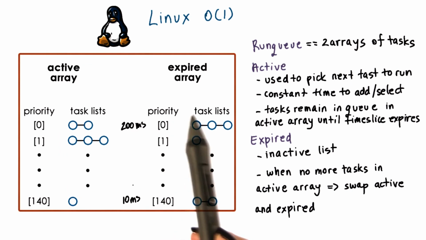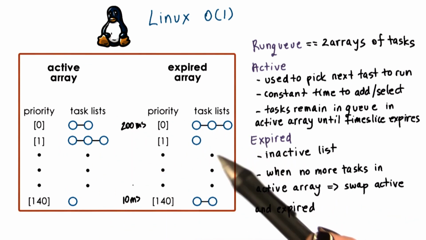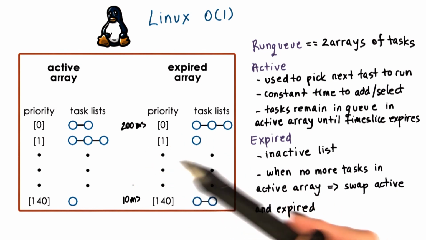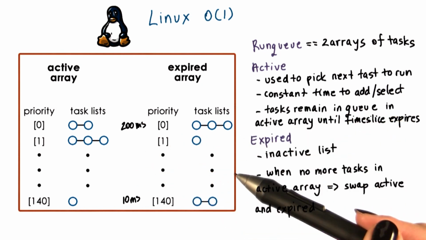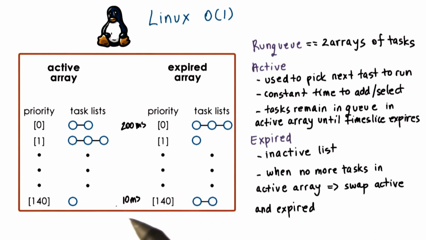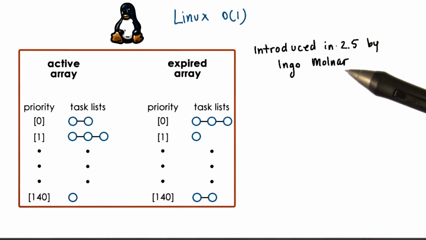Also note that the fact that we have these two arrays also serves like an aging mechanism. So these high priority tasks will ultimately consume their time slice, be placed on the expired array, and ultimately the low priority tasks will get a chance to run for their small time amount. The O(1) scheduler was introduced in the Linux kernel 2.5 by Ingo Molnar.